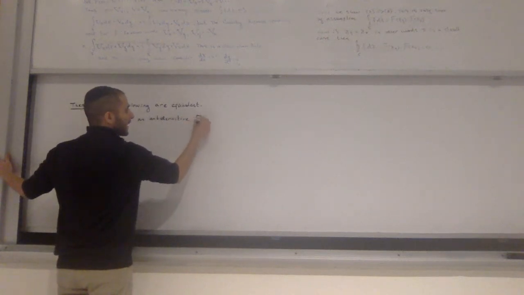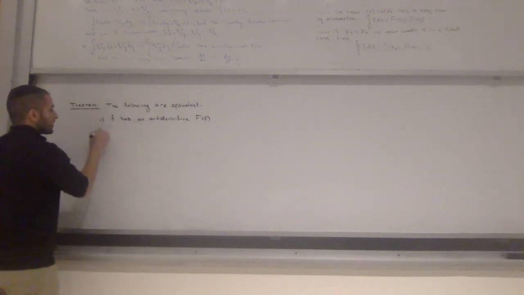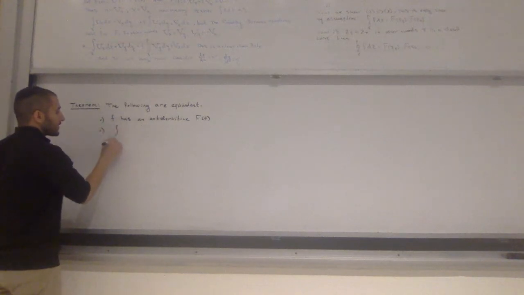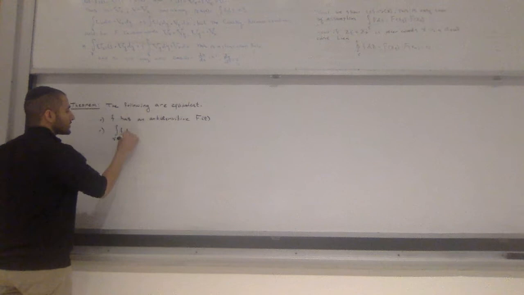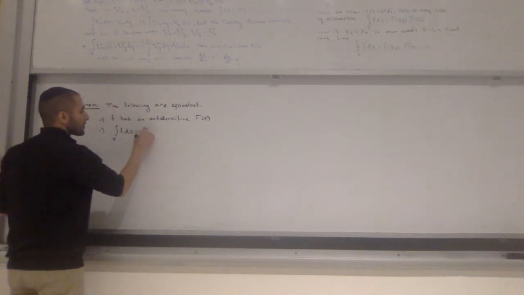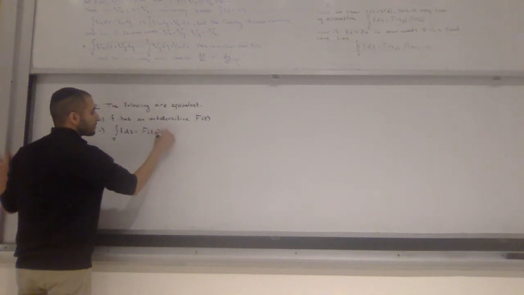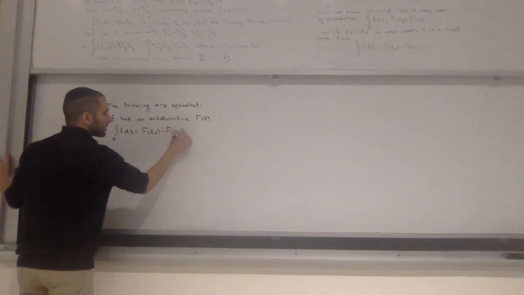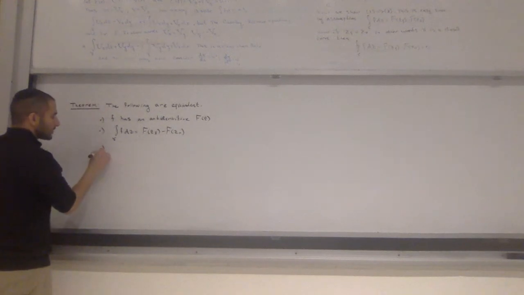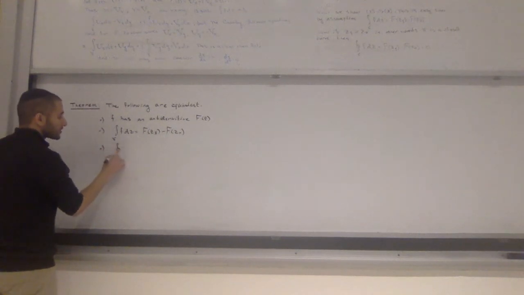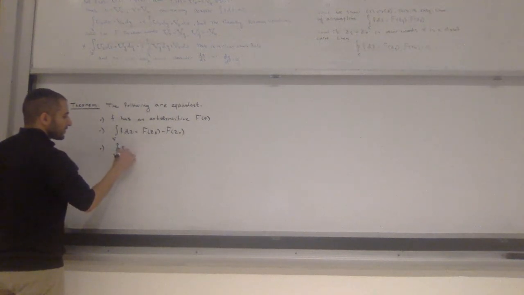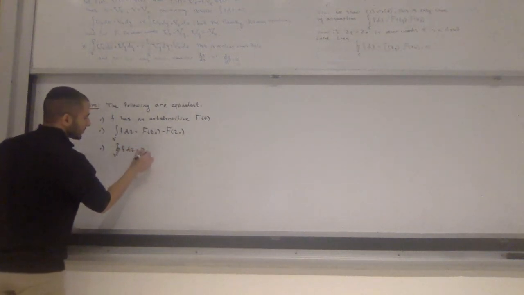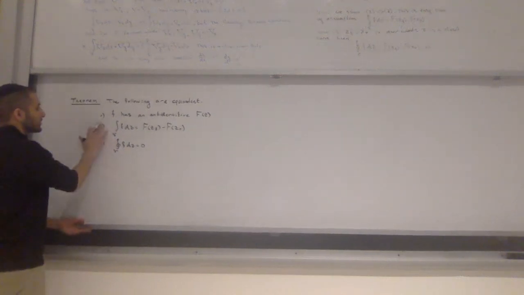We call it capital F of z. Second, that the integral along a curve gamma of f dz is capital F of zf minus capital F of z naught. And lastly, that the closed integral over any curve dz equals 0. These are equivalent statements.